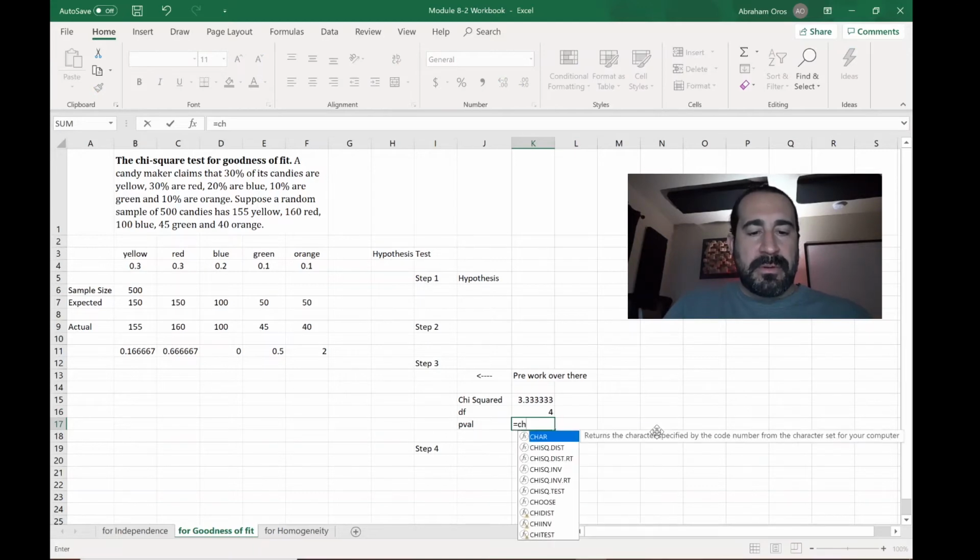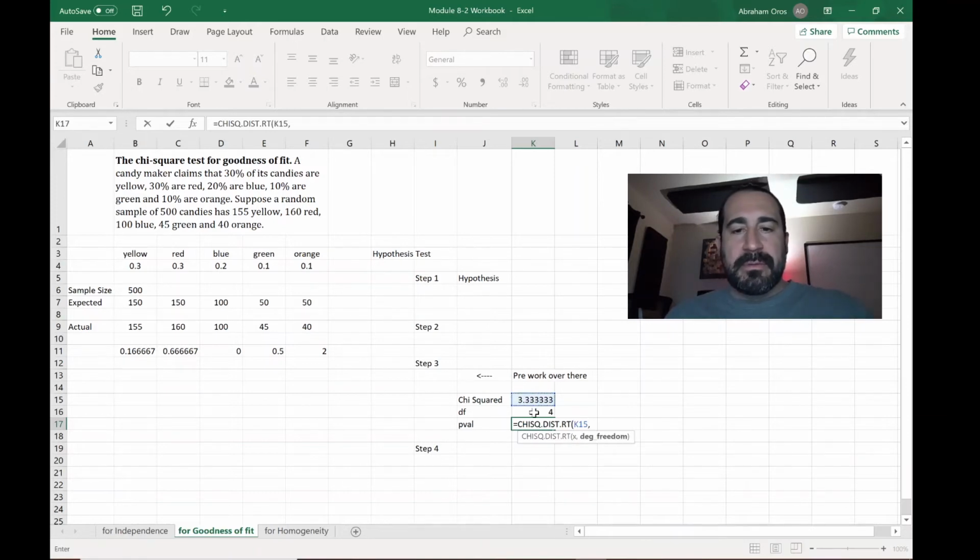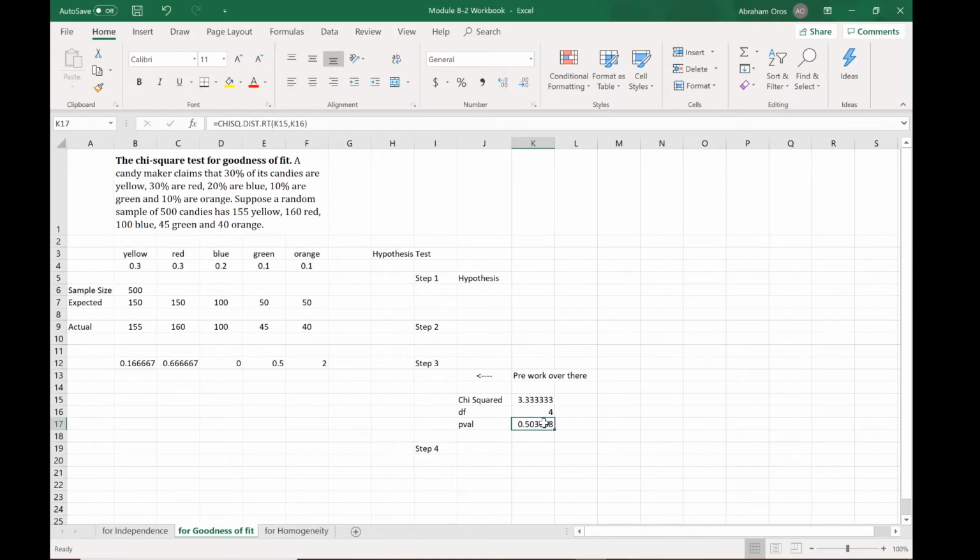So here we go again, the chi-square distribution to the right. X is that one, degrees of freedom is that one. Enter. And that's the number you get, 0.503668.